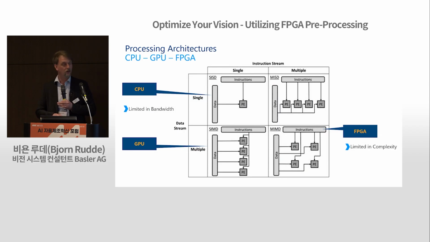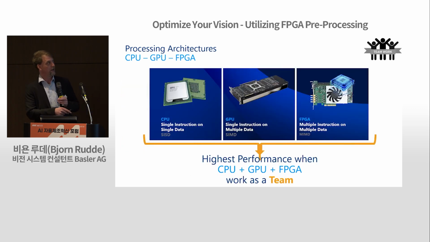When we go into the technical background, we see that the CPU and the GPU can only work on a single instruction on single data. Or at the GPU side, you can also go for multiple data. But on the left side, it's limited in the bandwidth. So the more complex the task becomes, the lower the throughput normally.